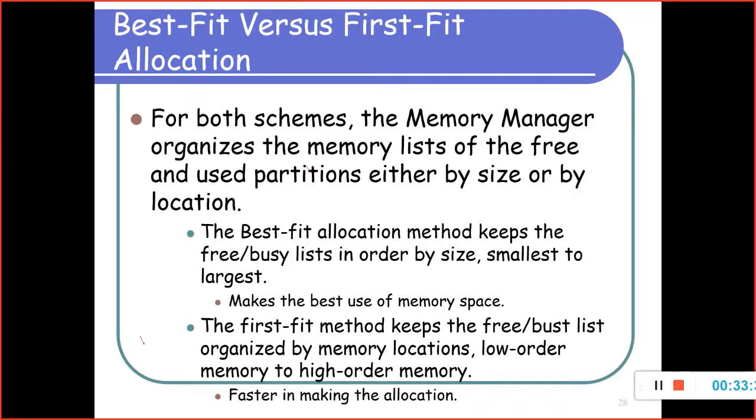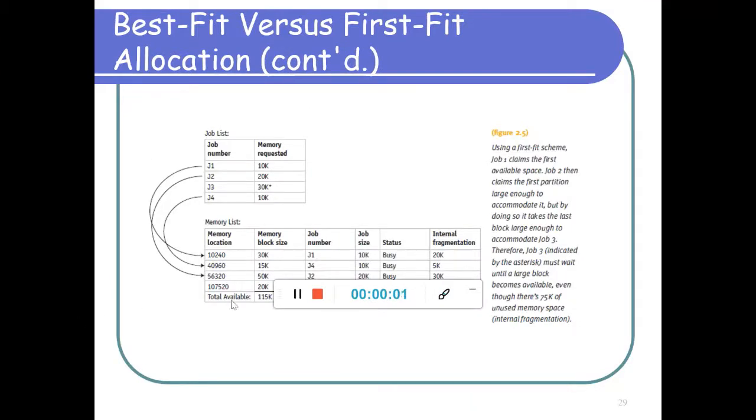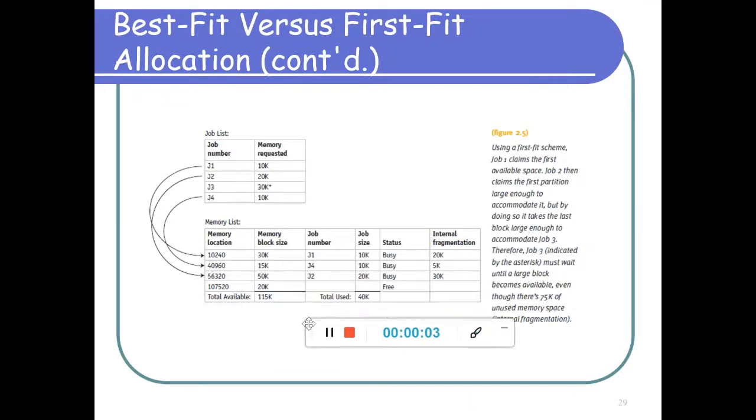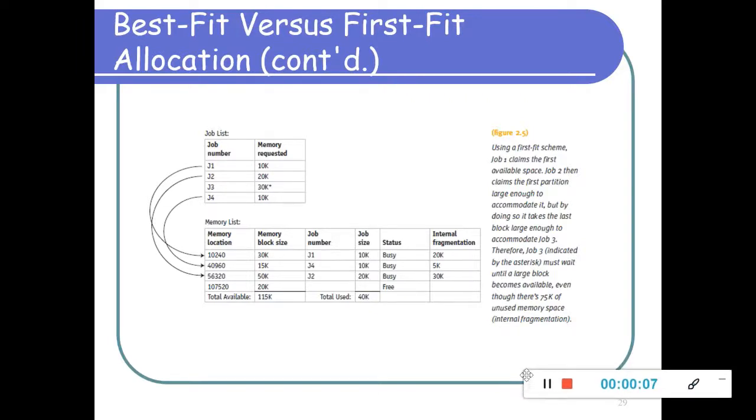So this one is based on location, and this one is based on size. Best fit, size; first fit, location. Now we will compare the best fit scheme and the first fit scheme.